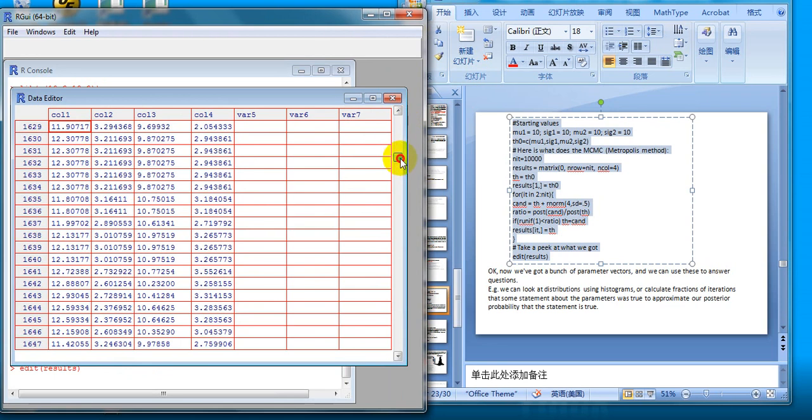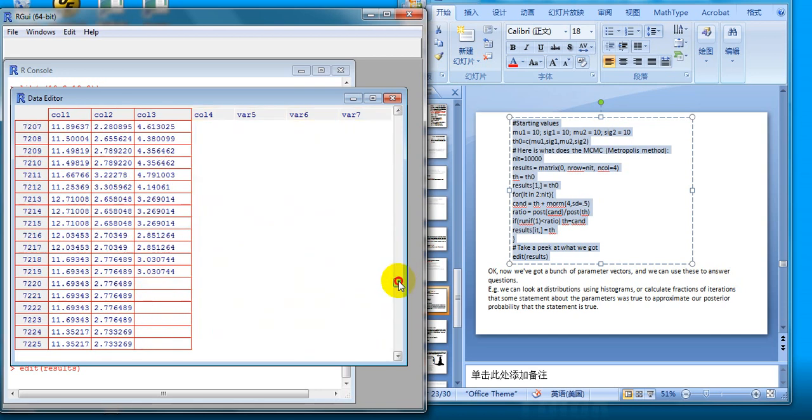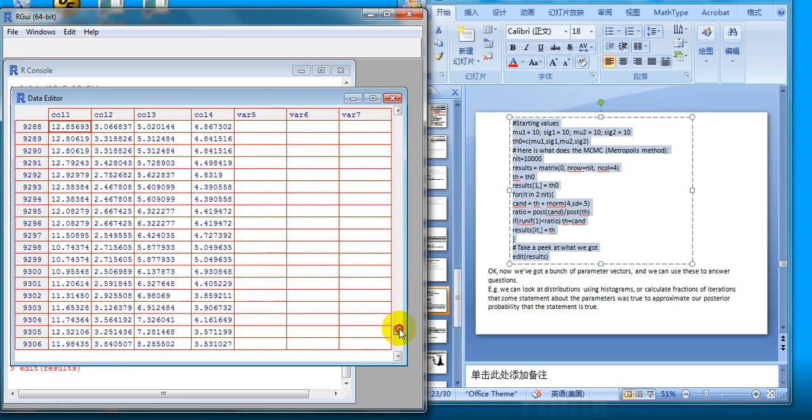Gradually, you can see that mu1 is still at 11, 12, but sigma 1 decreased to 2, and mu2 decreased to 6 or 7, and sigma 2 becomes 2 or 3, right? See, it's far away from 10 now.